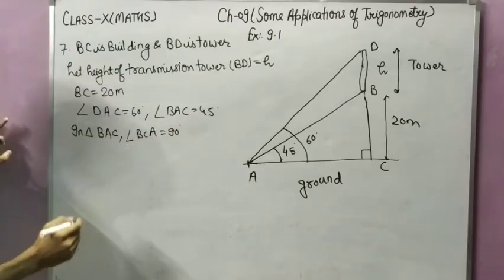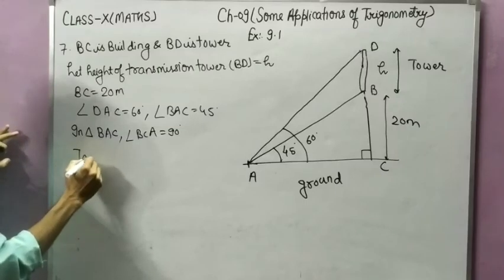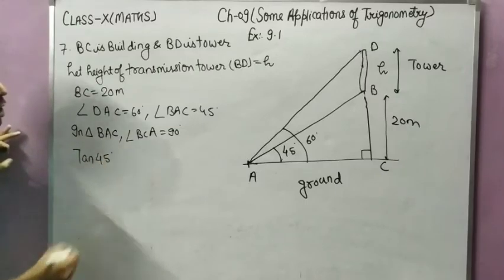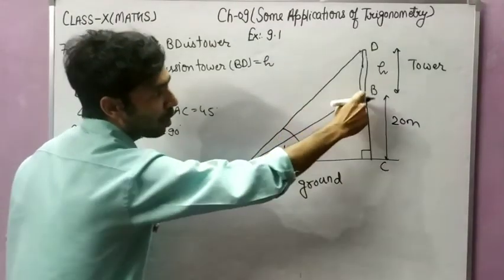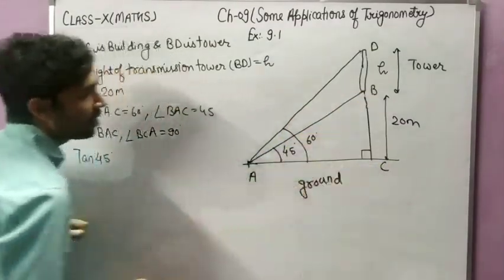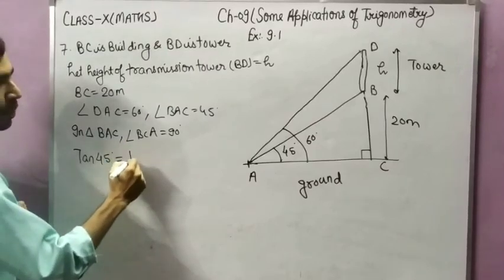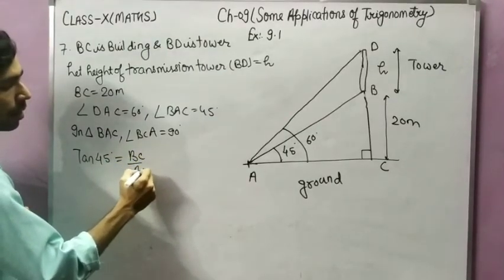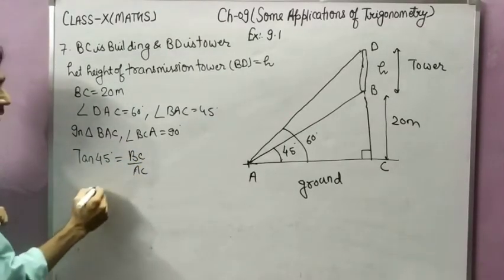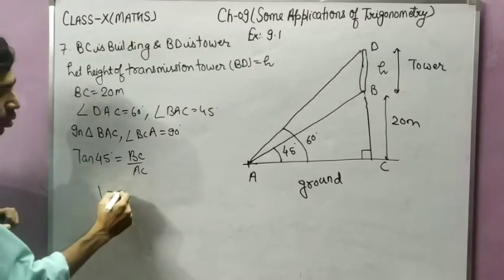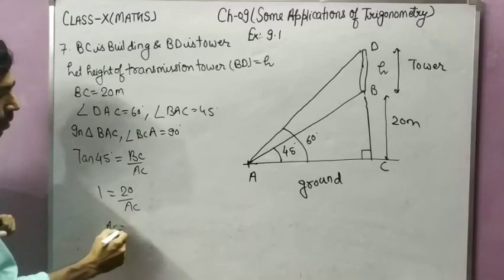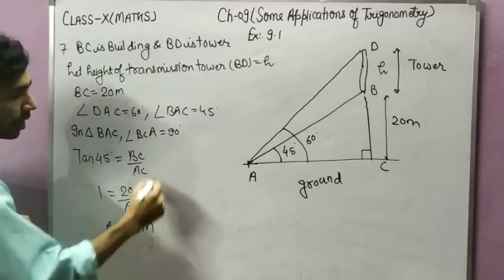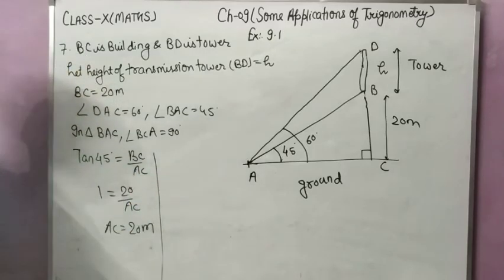So if in this triangle, I will take tan 45 degree, means for 45 degree, the perpendicular will be BC and the base will be AC. So we can write BC upon AC. Now tan 45 we all know that 1, and BC value is 20 and AC value we don't know. So the value of AC will come 20 meter. ठीक है? So AC value we have calculated.